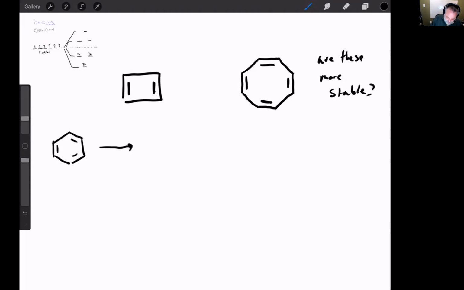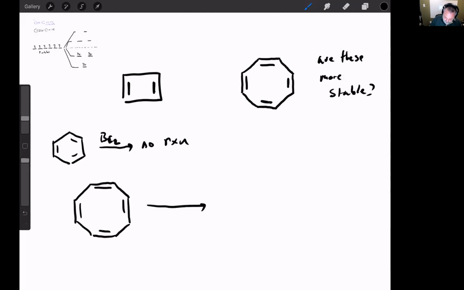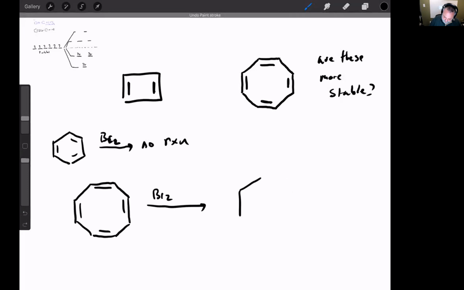And in fact, if you try to react Br2 with benzene, you get no reaction. But if I react this 8-membered ring, with the same situation of alternating double bonds, with bromine, we do get a reaction. We get exactly the reaction we would expect.